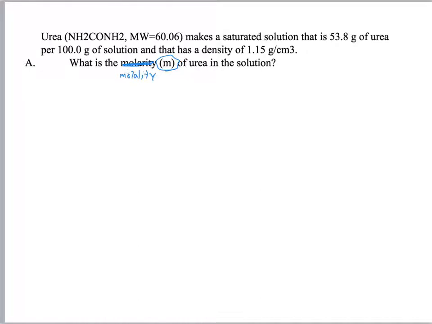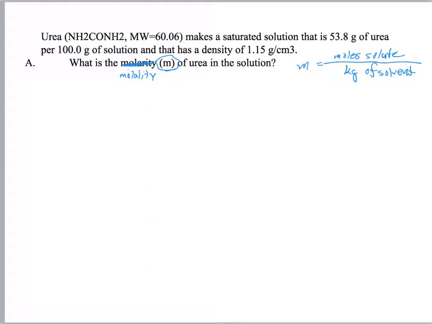If we remember, molality is equal to moles of solute per kilogram of solvent. Molality differs from other units in that we have a defined amount of solvent as the denominator of our definition. I apologize for the typo in this.